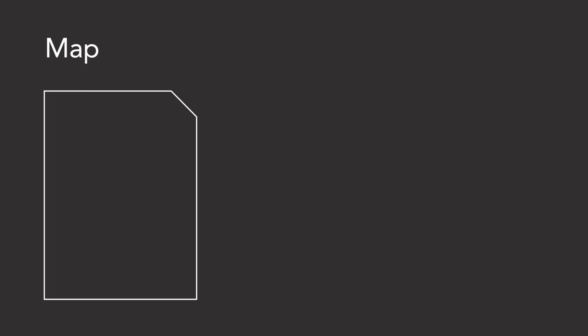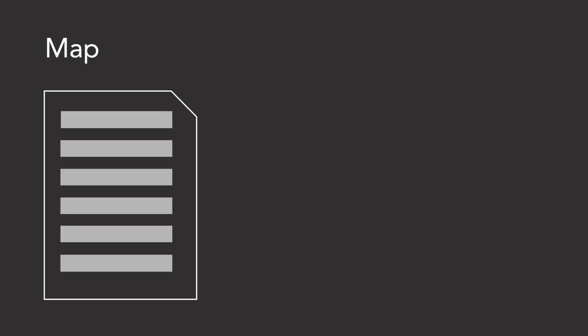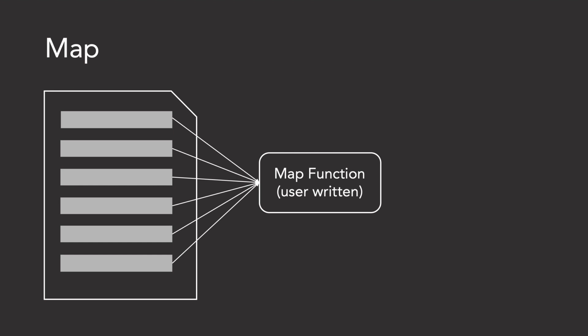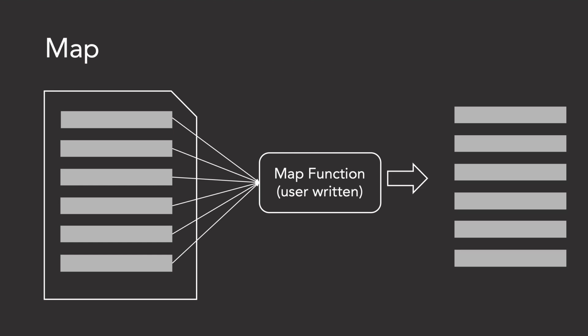So let's take a detailed look at the map phase. Let's say this is my file and these are my records. The map function, which is user written, reads each record one by one and then generates output, which is based on key value. Now this map function would run on all the nodes which are available in your cluster, the data nodes or the task nodes that I was talking about.